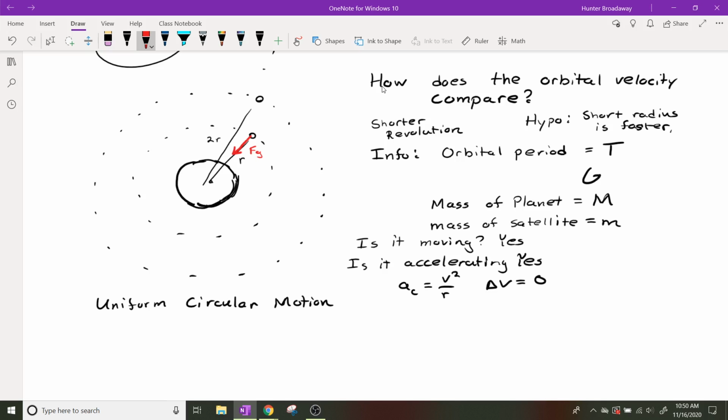Let's say they're both moving counterclockwise. They do not all have to move in the same direction. They could be moving clockwise or counterclockwise, and it would work the same, because the centripetal acceleration would still be pointing inside the circle. It doesn't matter which way we're spinning around, centripetal acceleration would still point in.